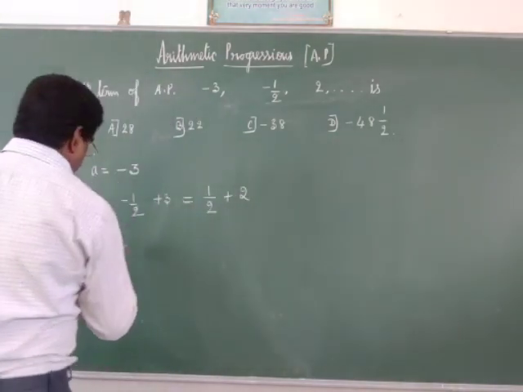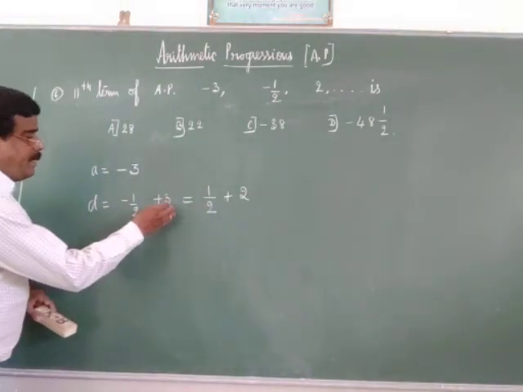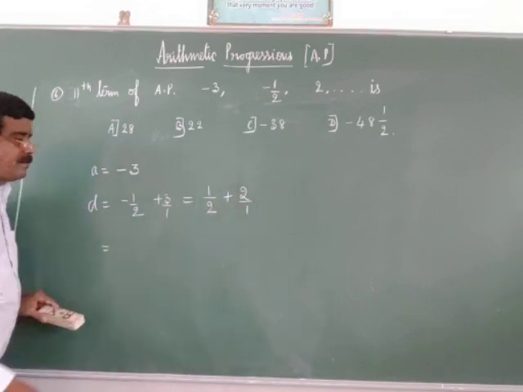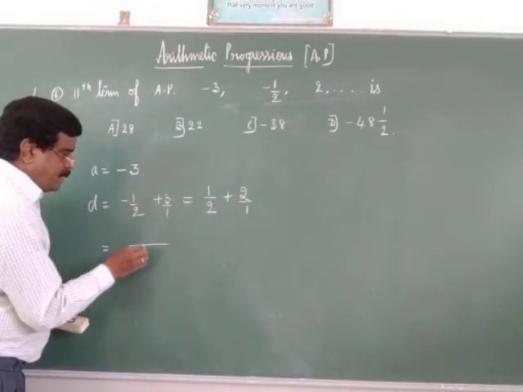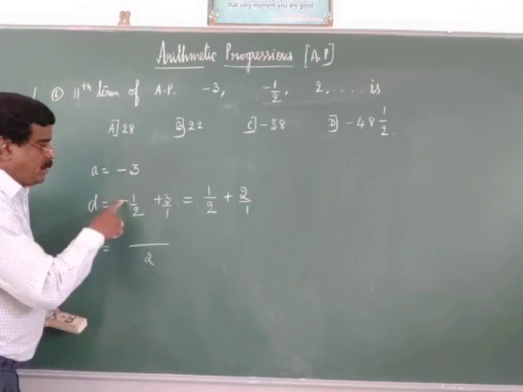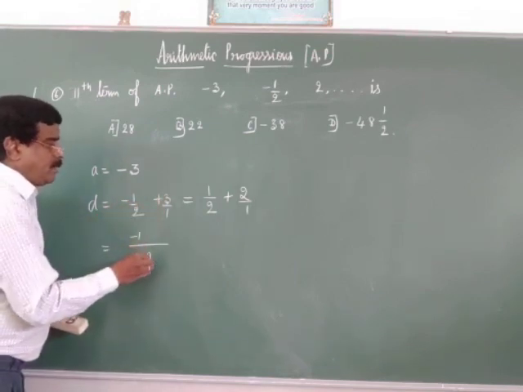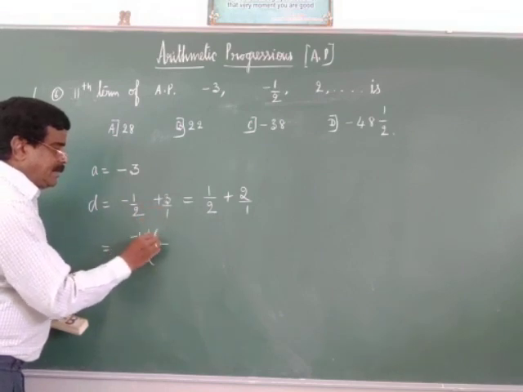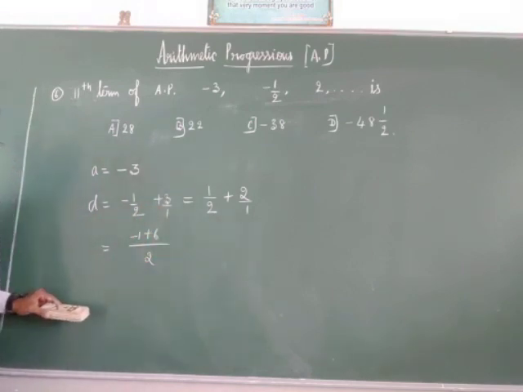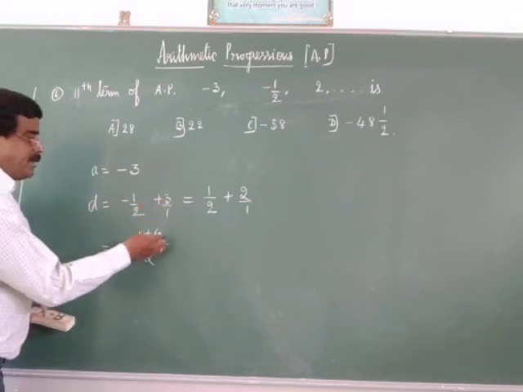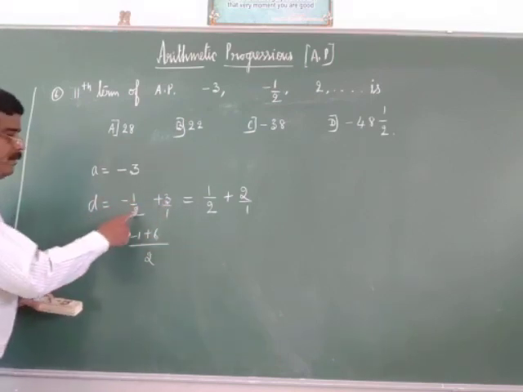Now here, 3 means 3 by 1, you must be knowing. Here also 2 means 2 by 1. Now 2 and 1, the LCM is 2. Now minus 1 is there, you can write minus 1 by 2 plus 2 into 3 is 6, that is plus 6. Or just cross multiply: 2 into 3 is 6, 1 into minus 1 is minus 1, divided by 2.